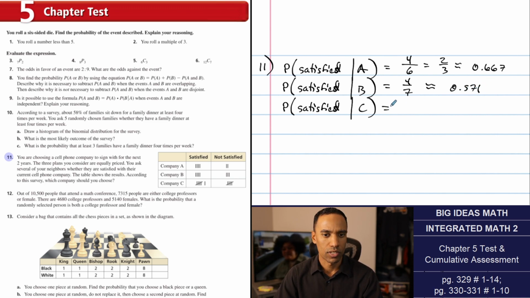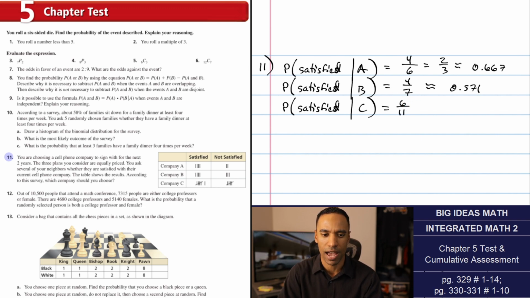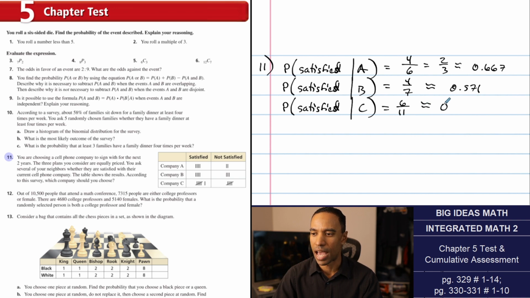And then satisfied in C, there's 6 out of 11, the 6 plus 5. 6 out of 11 is even smaller, 0.545.